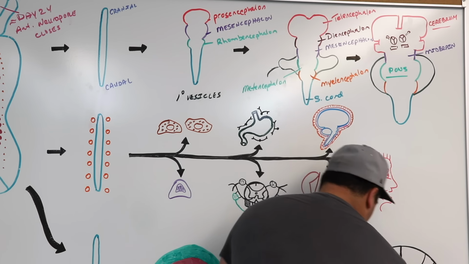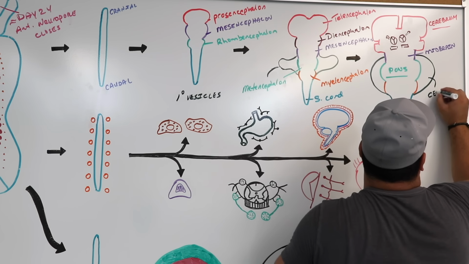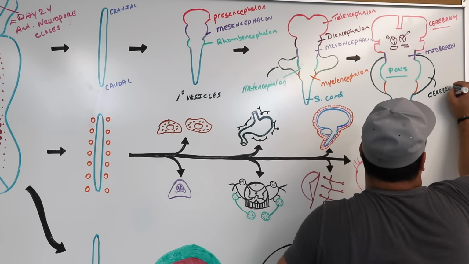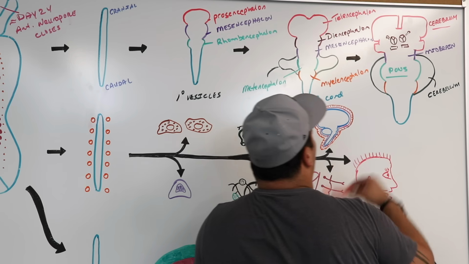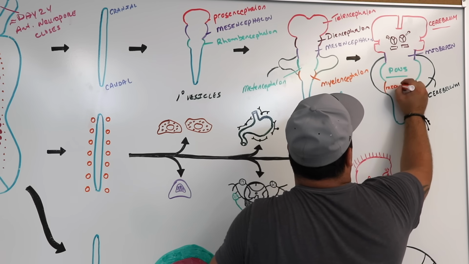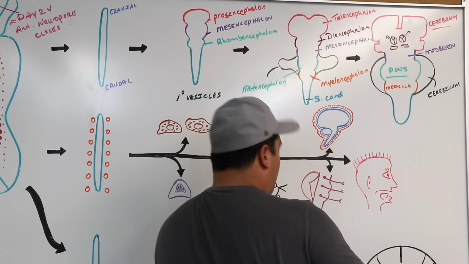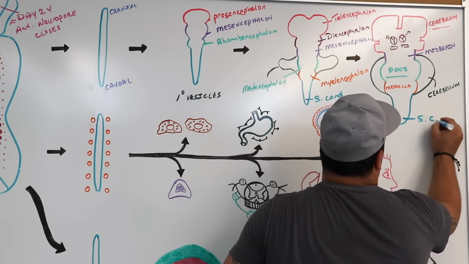And then the dark green is going to be the cerebellum. And then we also have the orange here, which is going to be the medulla. Medulla oblongata. And then lastly, again, we'll have the spinal cord.